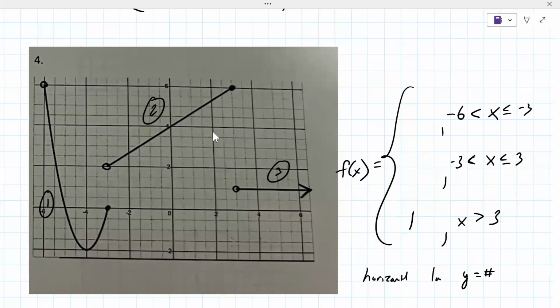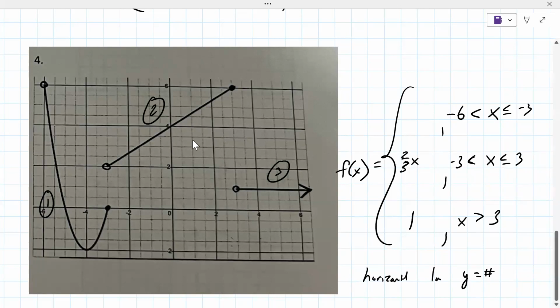Is it 2/3? 2/3 is the slope, I think. It is definitely 2/3 x. Yep, good.